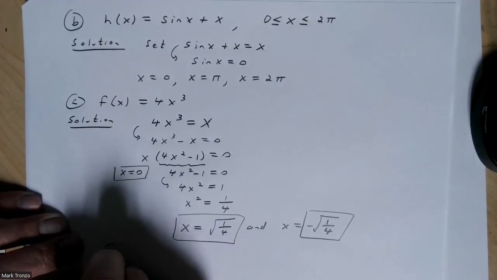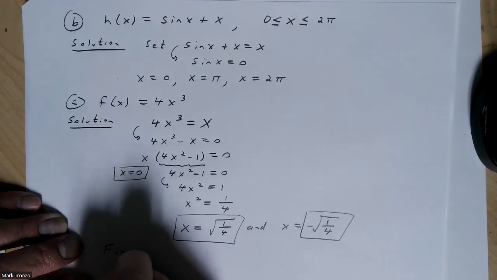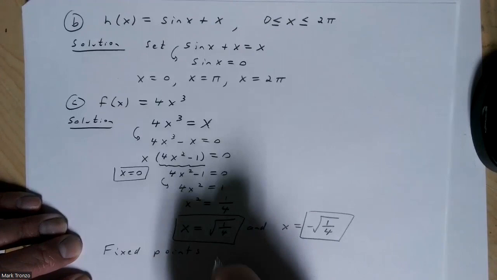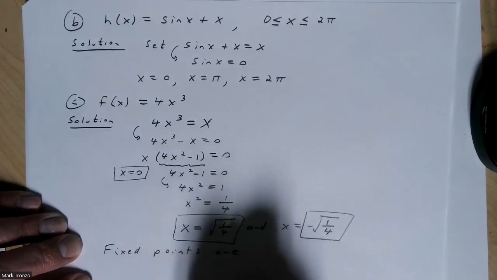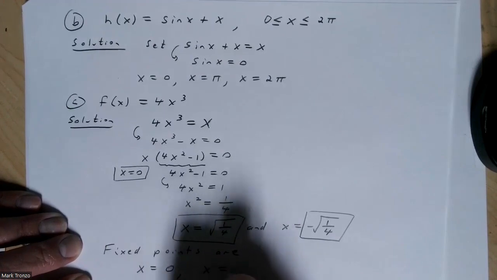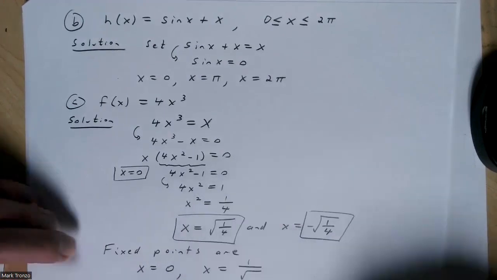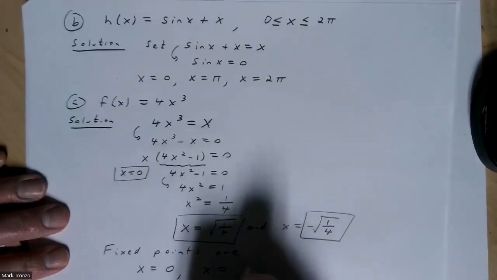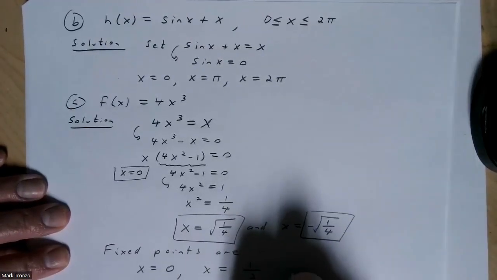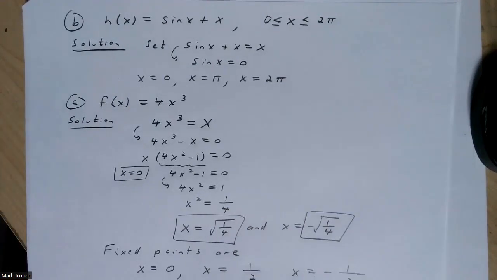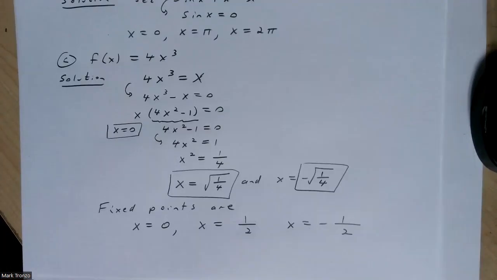So fixed points are x equals 0, x equal 1 over 2, we take the square root, and x equal negative 1 over 2. So those are our fixed points.